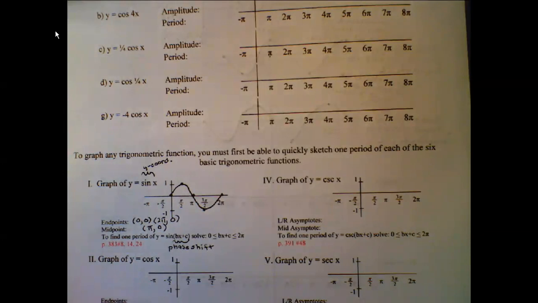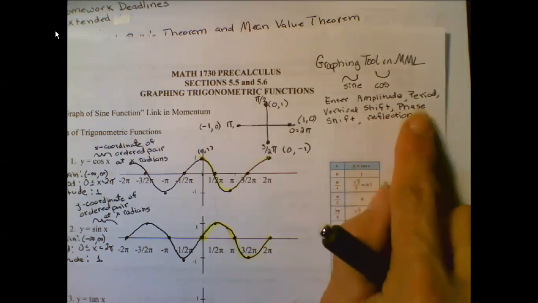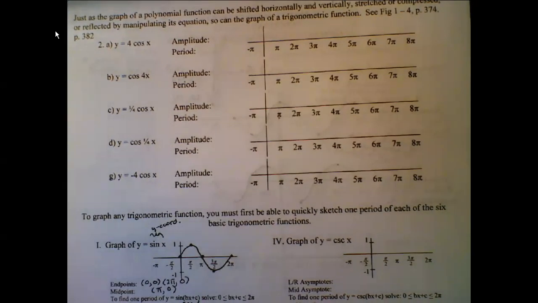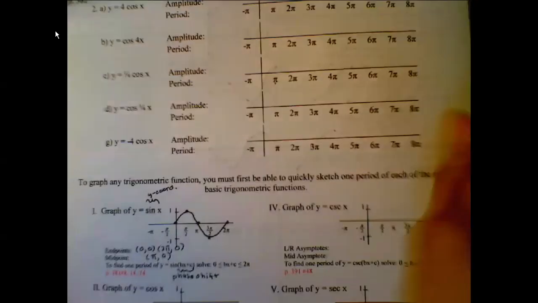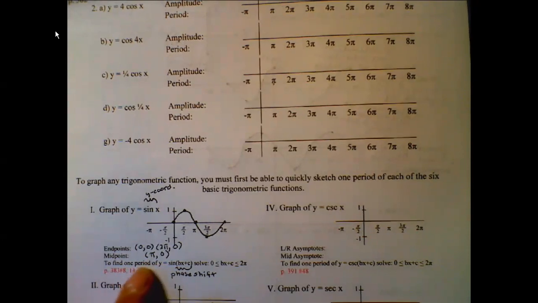And like I said, I normally don't even use the word phase shift in class because we're graphing these by hand, and I talk about it a little bit differently when I'm graphing it by hand. But since my math lab is going to ask you to enter the phase shift, you need to know that this is how you get it. What I say when we're not graphing on my math lab is to find one period of the graph.